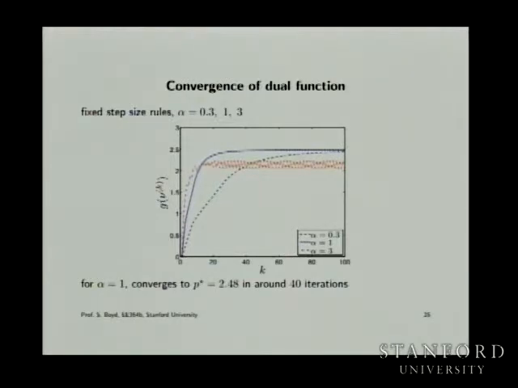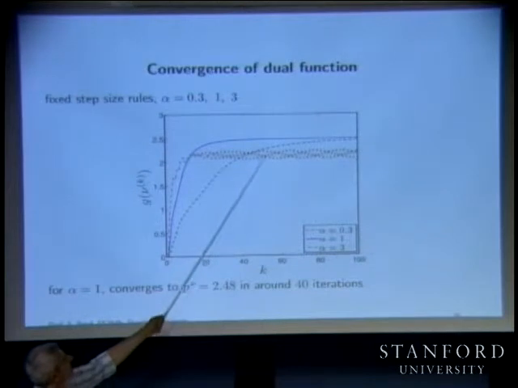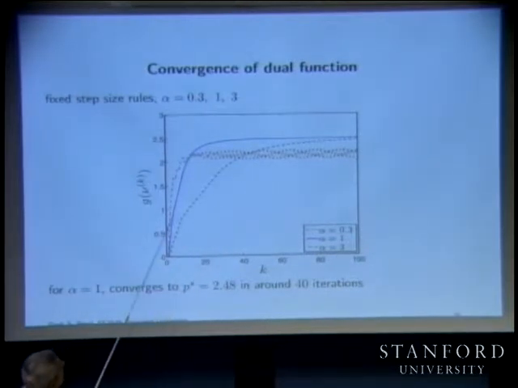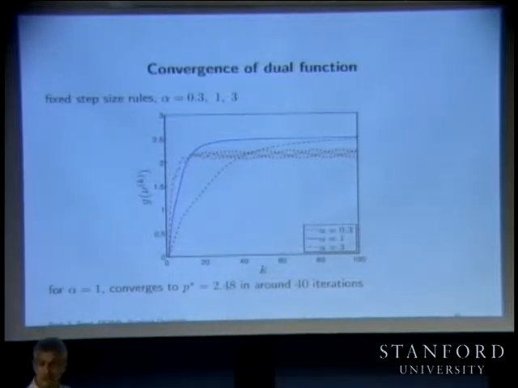Actually, I got it all backwards. I should have just read the legend anyway. So 0.3 is a nice slow step size. It's going to go up to the optimum. 1 is maybe the optimal step size, and 3 is so much that you're actually oscillating a little bit, and you're not going to converge to the actual solution here. You're going to converge to a neighborhood of it or something like that.